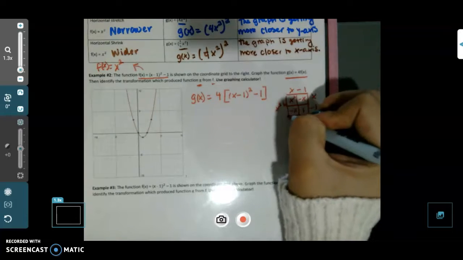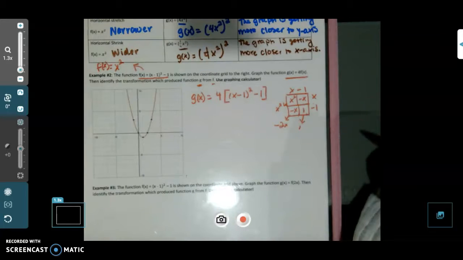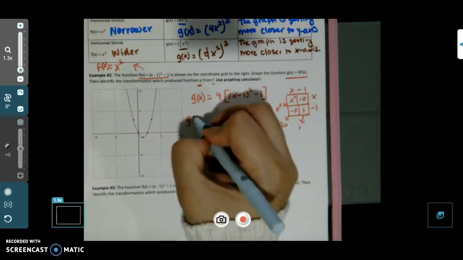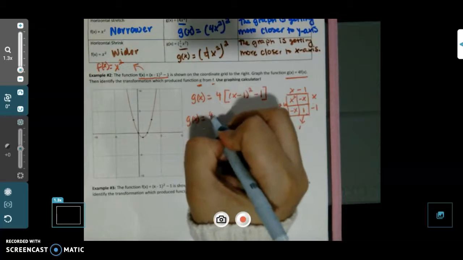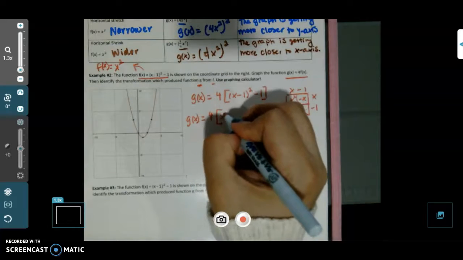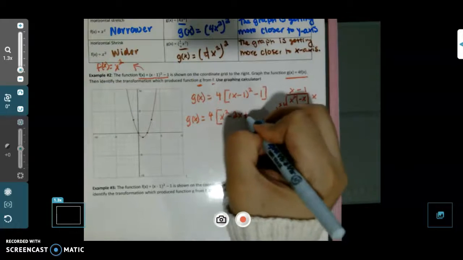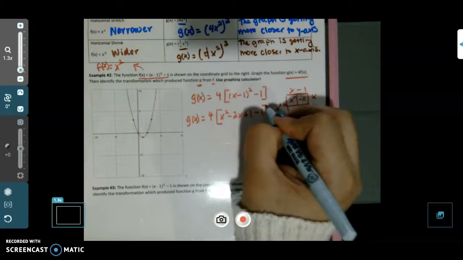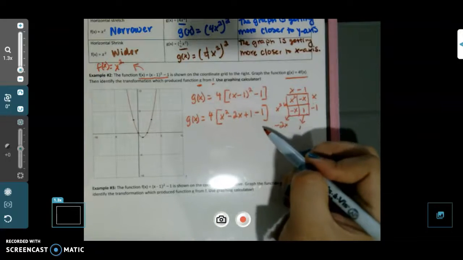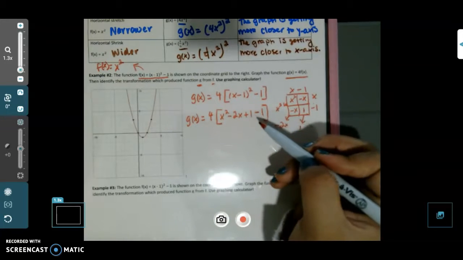This is x squared. This is negative 2x. This is positive 1. So then I'm going to go ahead and rewrite it. G of x equals 4, bracket, x squared minus 2x plus 1 minus 1. Okay, I can go ahead and start simplifying. So positive 1 minus 1 should be what, guys?